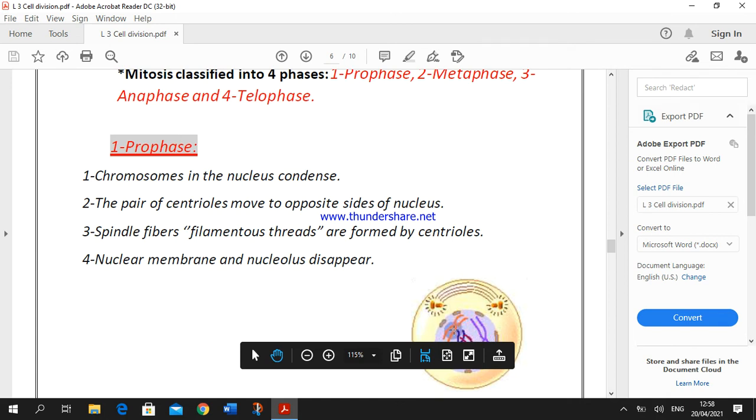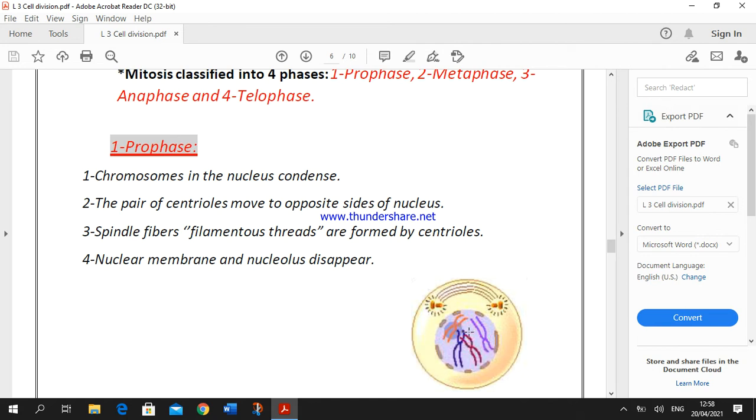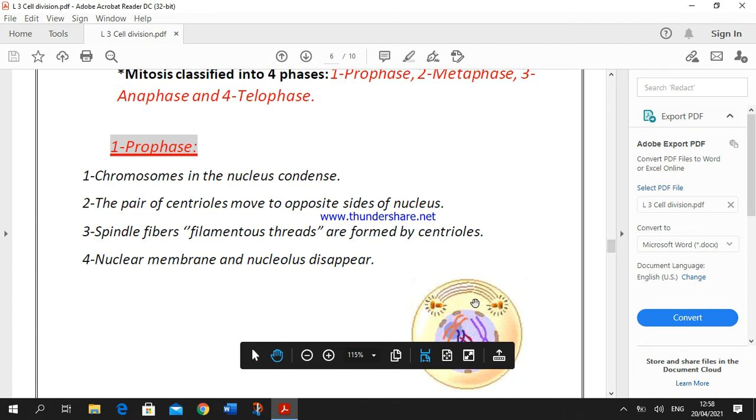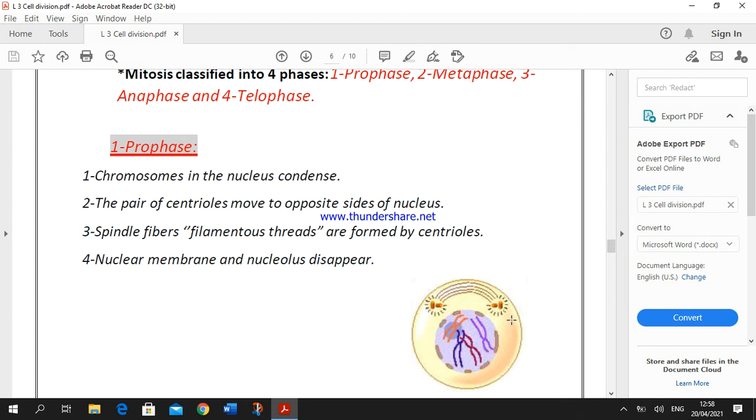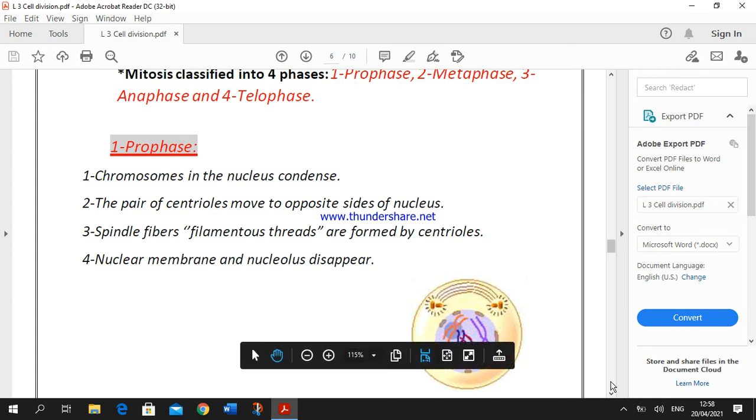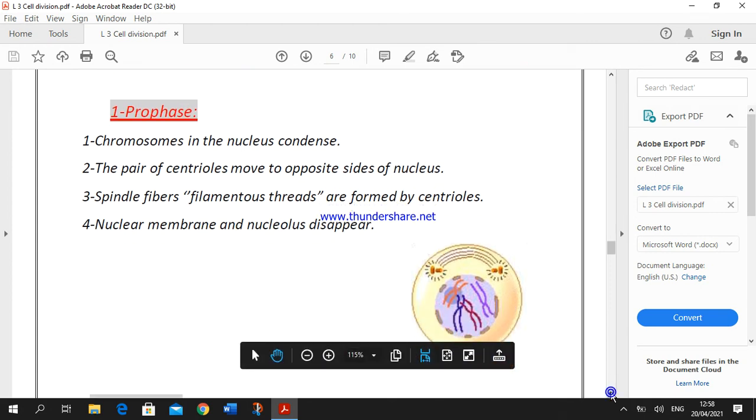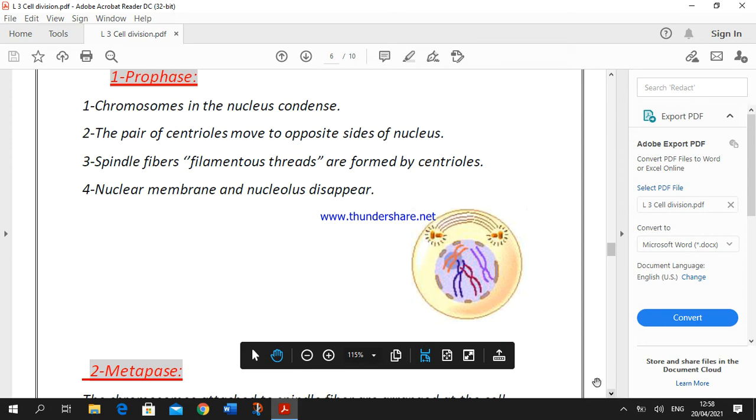In this phase, chromosomes in the nucleus condense, as we see in the figure in front of you, and the pair of centrioles move to opposite ends of the nucleus, and centrioles form filamentous threads known as spindle fibers, which play an important role in cell division. Finally, the nuclear membrane and the nucleolus disappear.